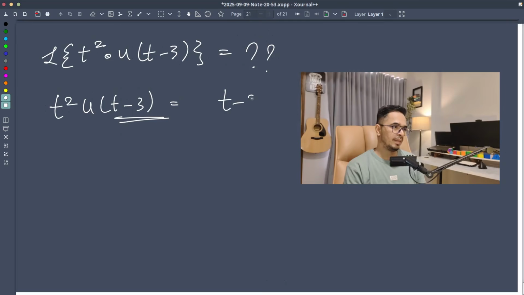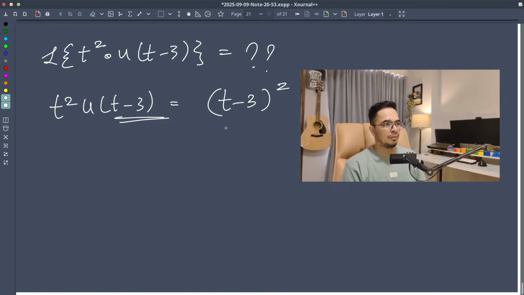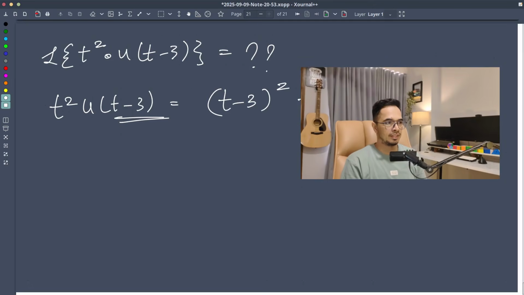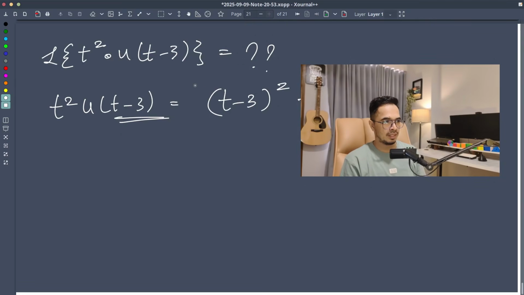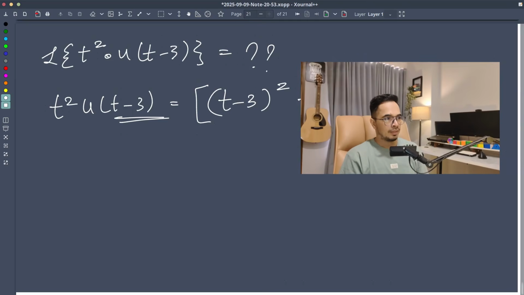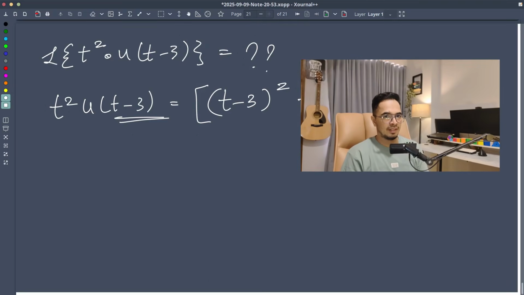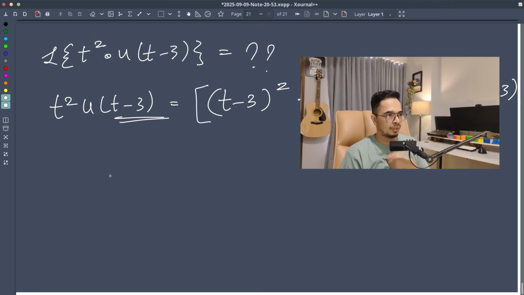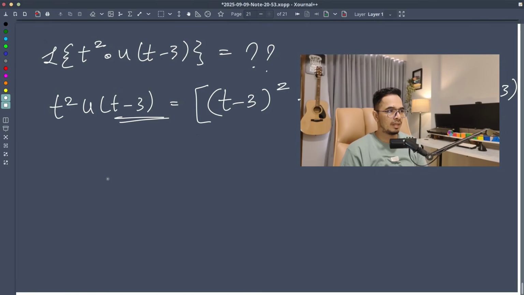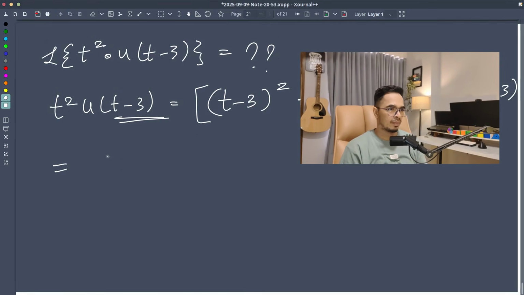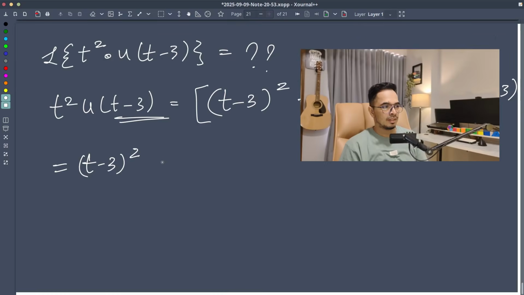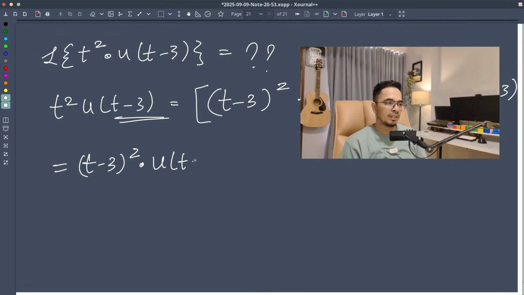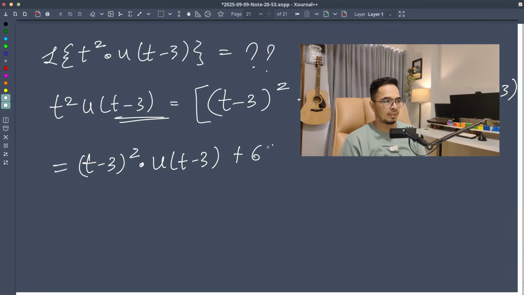The idea is that somehow I want to make the variable of the earlier function and the latter function similar. So if u of t minus 3 is the function, I would want to write t square somehow in terms of t minus 3. And I do this numerical maneuver to attain that particular scenario.